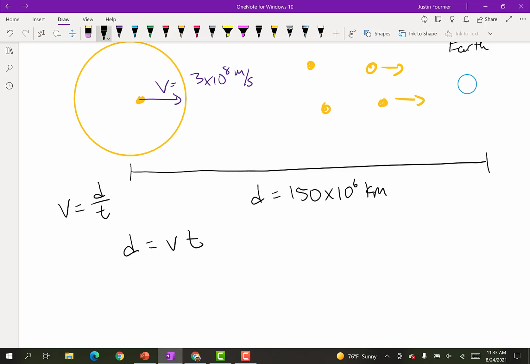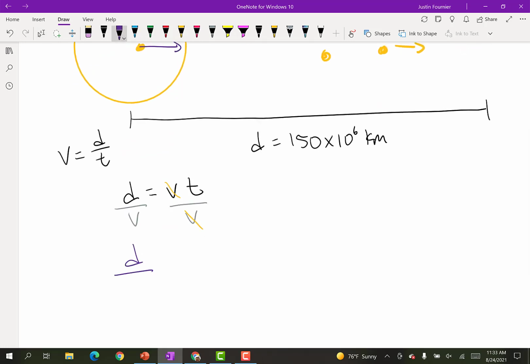So I need to isolate time. I'm going to divide both sides by v. So v cancels out, and I get that the distance divided by the speed, or the velocity, is equal to the time.